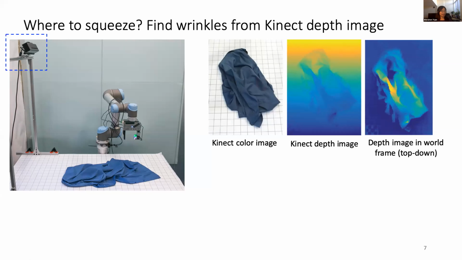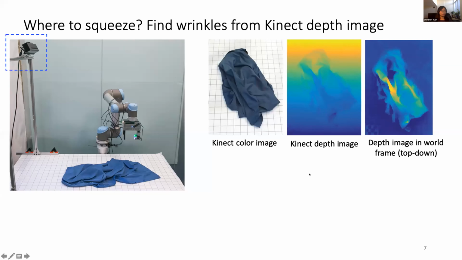It tells us what happens in a much larger field of view. So here we use vision to take a picture of the cloth, especially the depth image, which is cleaner, showing only the shape of the cloth, and we decide that the ridges on the cloth are the best places for the robot to grip on.